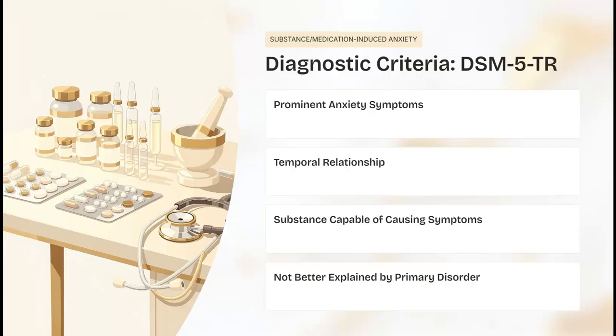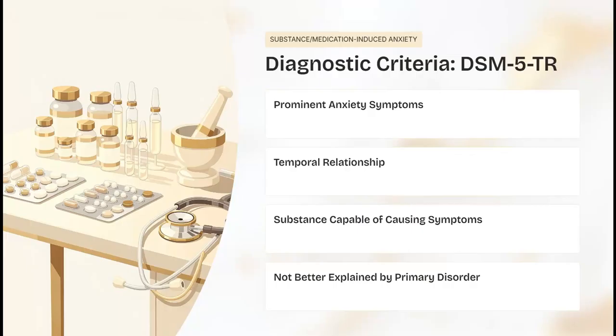The second criteria is that the symptoms must develop during or shortly after substance intoxication or withdrawal, or following exposure to a medication that's known to cause anxiety. The third criteria is that the specific substance or medication involved must have a recognized ability to even produce those anxiety symptoms, either directly or through withdrawal.